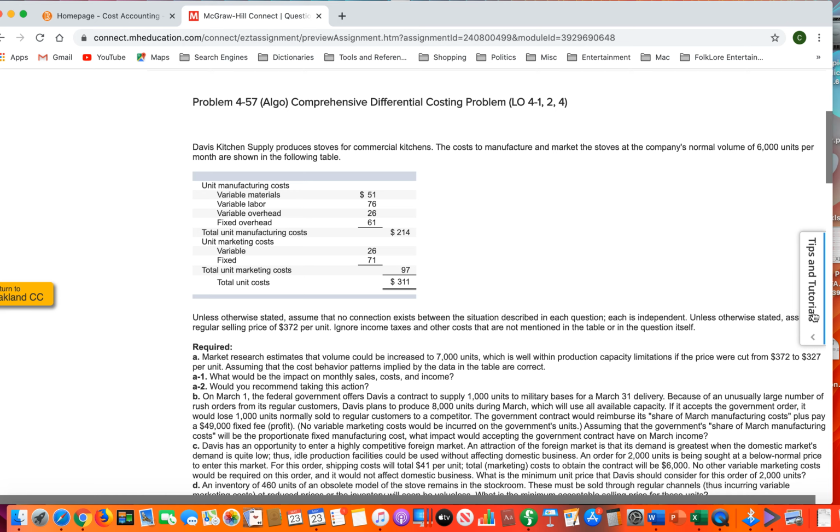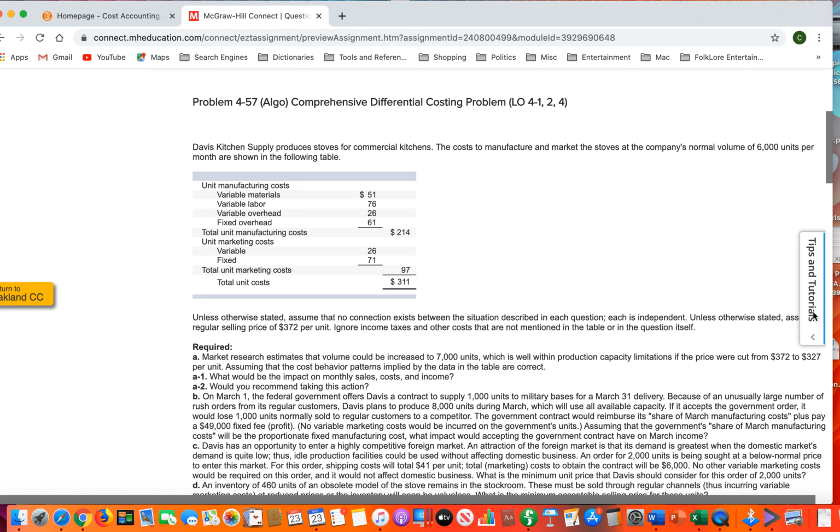Well, you take the same variable cost, 51 plus 76 plus 26, and add to it the $41 of shipping costs, which is variable cost. Add those two together, multiply by 2,000.